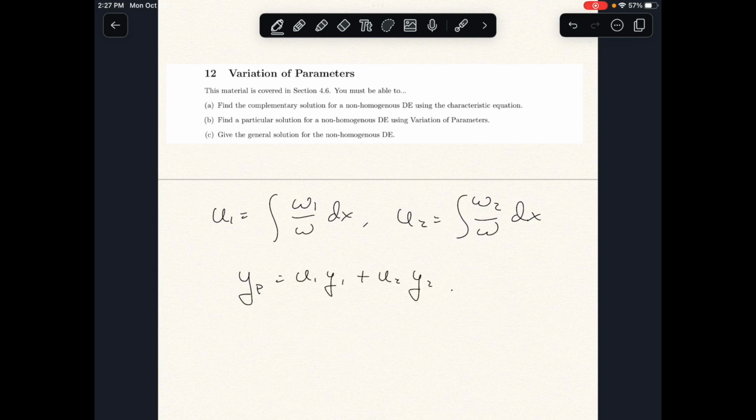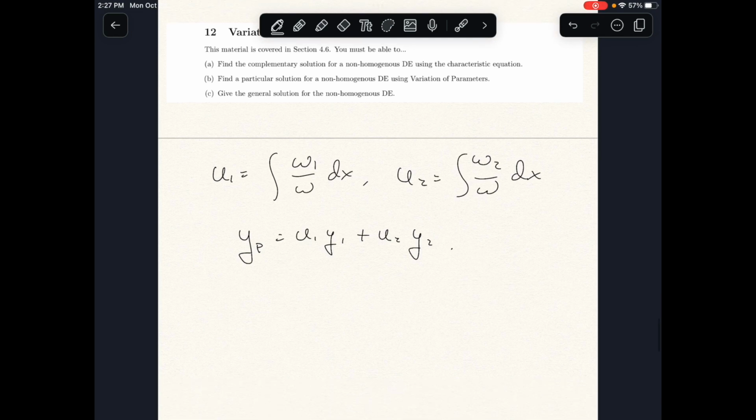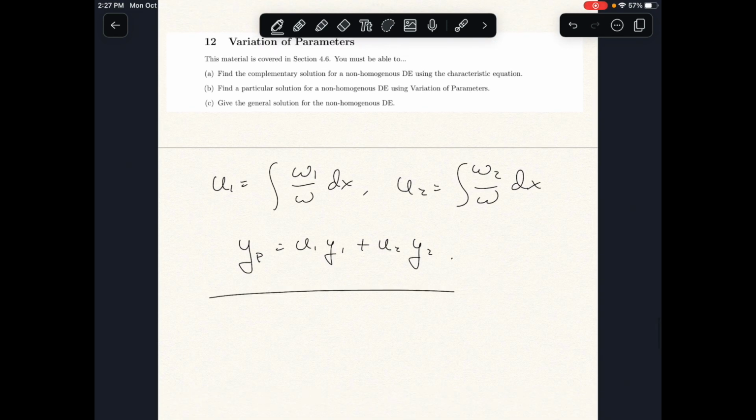All right, so that's the setup for it. The whole setup is basically you start with a y1 and y2. Either that y1, y2 complementary solution or fundamental set will be handed to you, or you might have to find it by factoring the characteristic equation or using the quadratic equation or whatever.